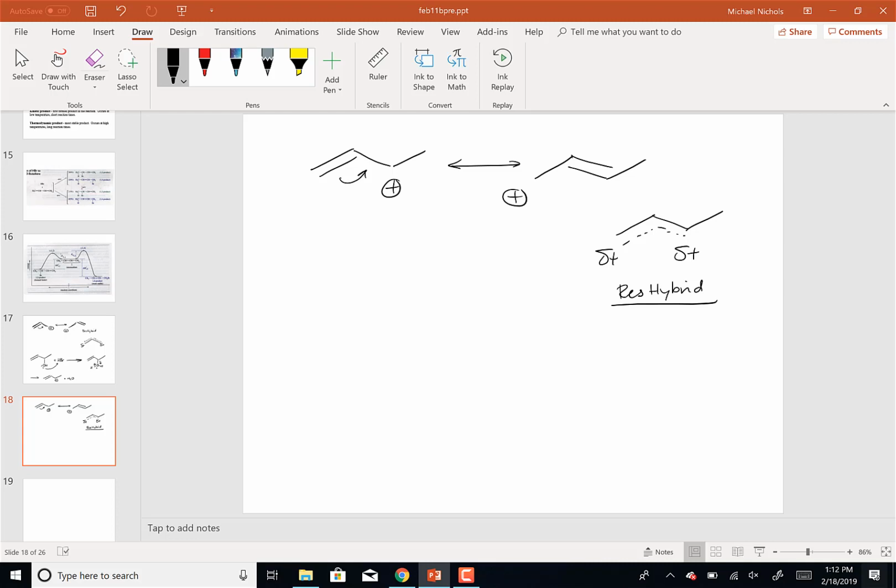So which carbon, A or B, is the bromine going to add to?